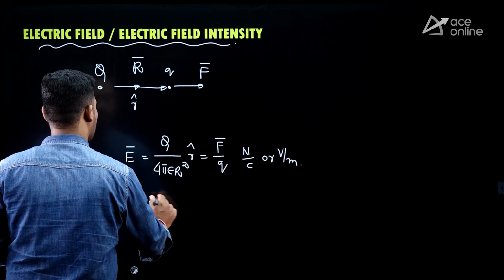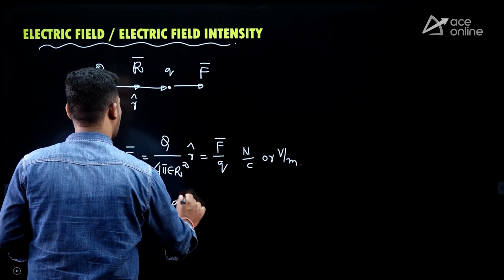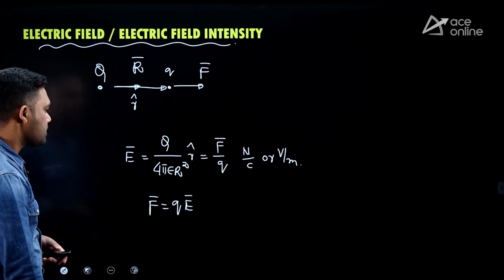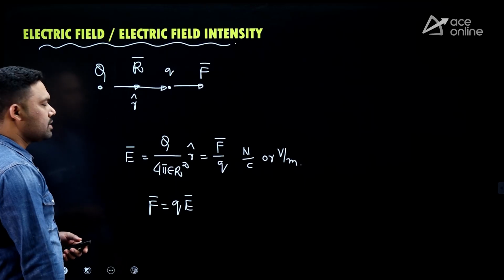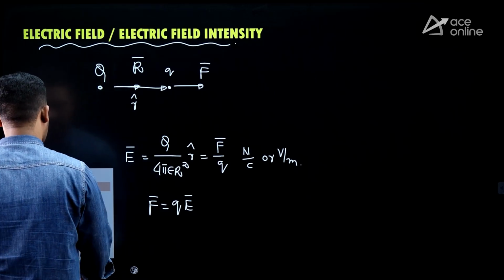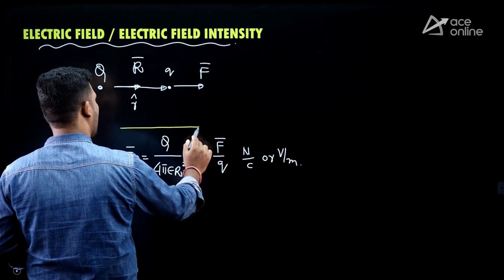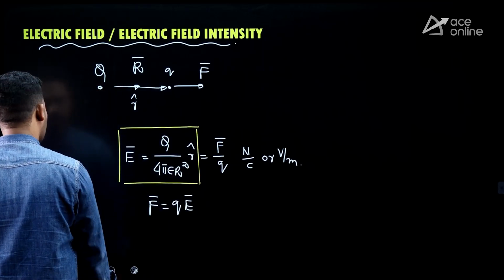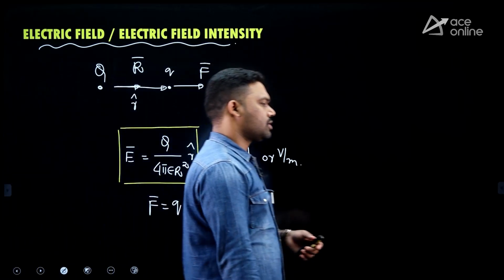So the force is equal to q into E, guys. Yes, friends? Simple. Mathematically, this is a force, this is an electric field due to the point charge. Mathematically speaking, there is not much difference between the electric field and electric force.